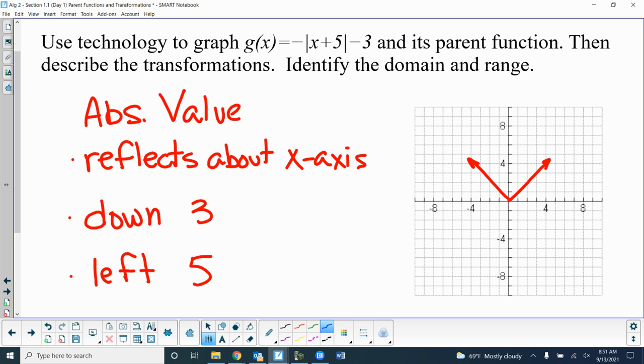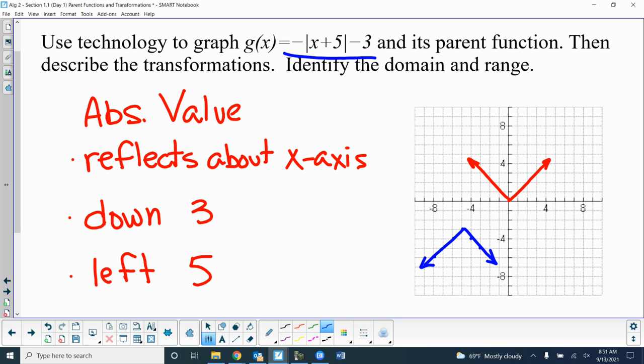So down 3, 1, 2, 3, 4, 5. Left 5. So it's going to be this picture. Whoa. I missed one point. Sorry about that. So that blue one goes with that function.